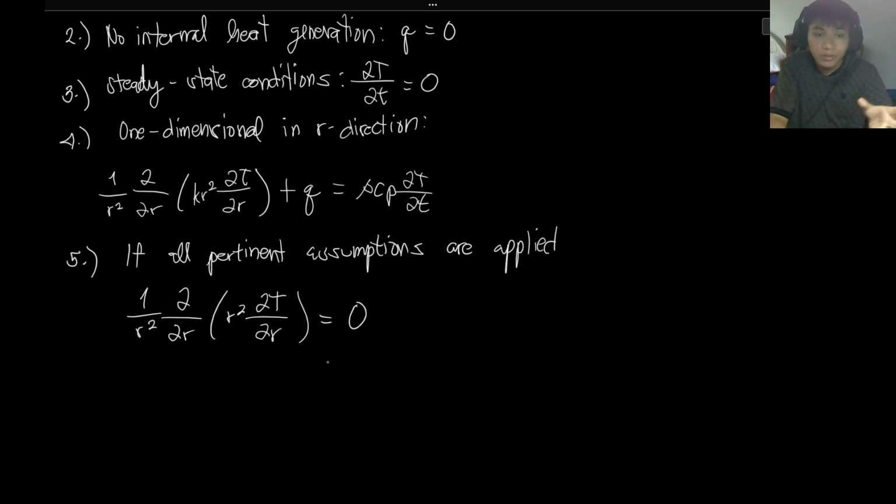And then again, you can solve for the general solution of this since it is a second order differential equation. But I'll leave that up to you guys on how you will try to solve it. Okay.